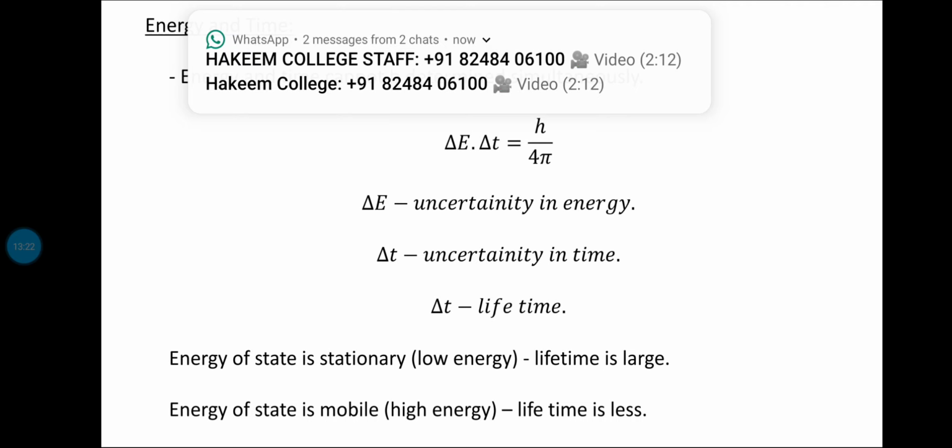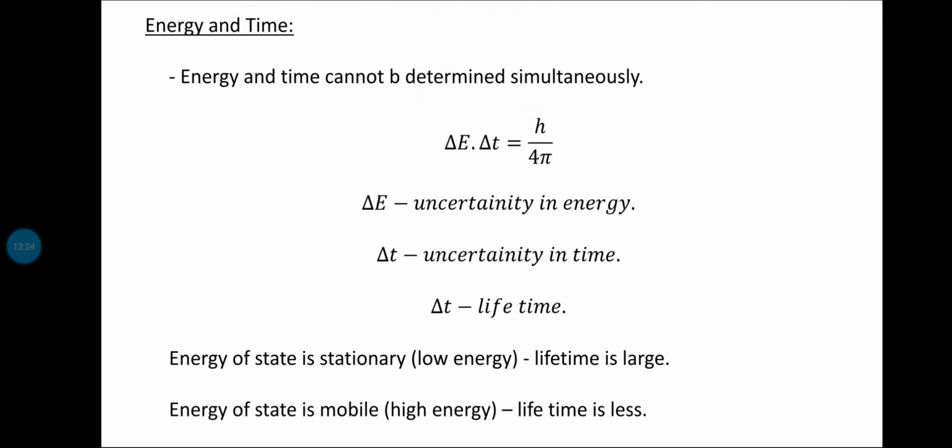The product of uncertainties of position and momentum, which has the dimensions of h, can be extended to any pair of conjugate variables. So just as momentum and position cannot be determined simultaneously, the energy and time cannot be determined simultaneously.